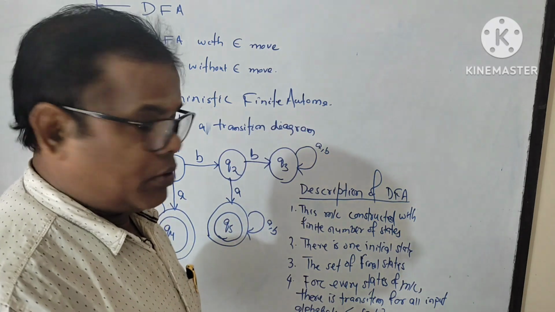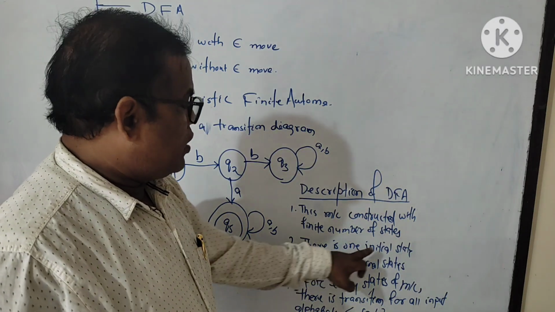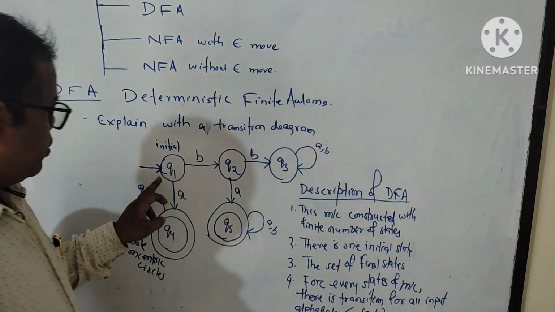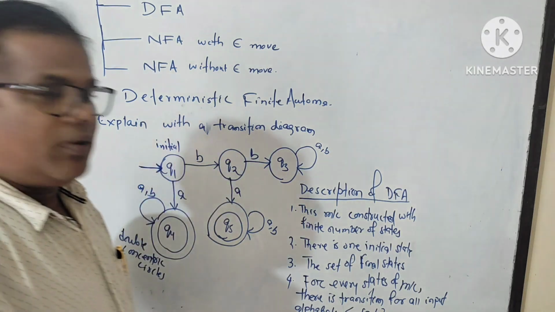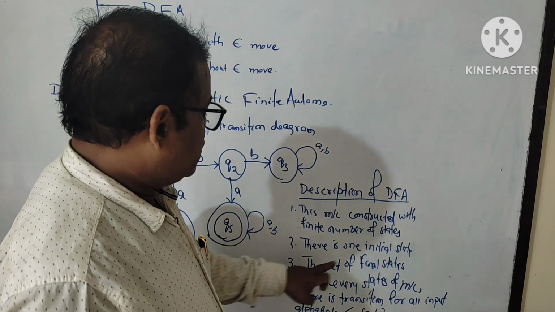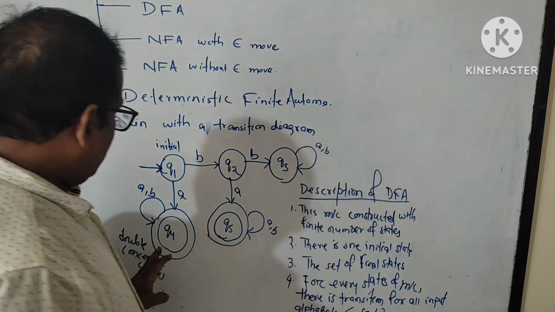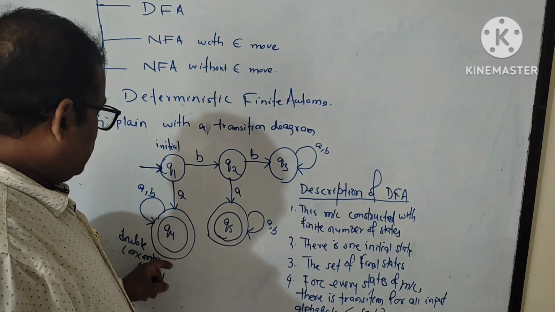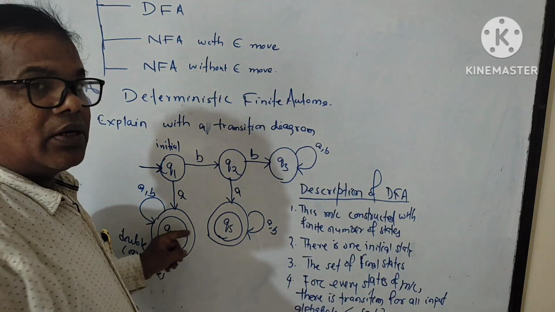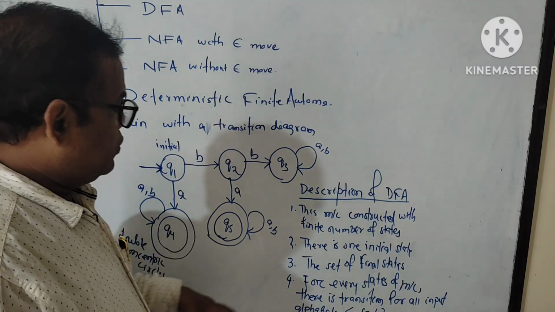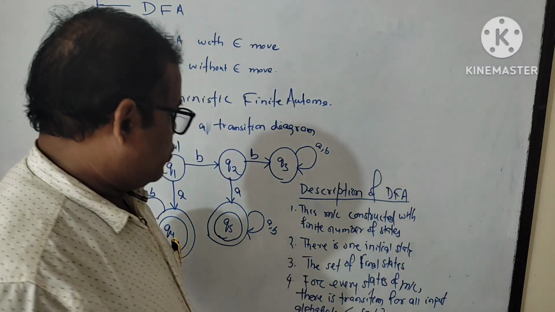This is the first point you should remember. Number 2, there is one initial state, absolutely only one initial state in this machine. Number 3, the set of final states. Absolutely, you can see that there are 2 double concentric circles here. So this point also holds good.